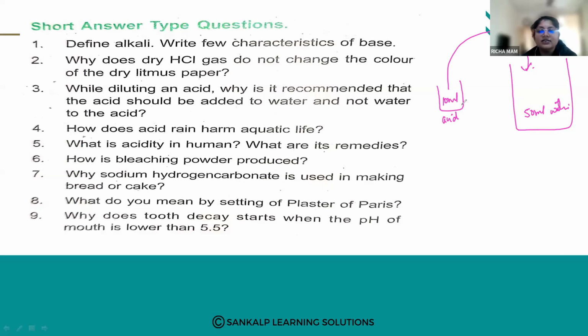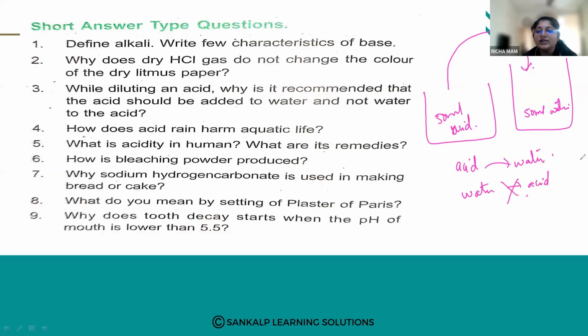Suppose I take 50 ml of acid; they still say acid should be added to water and not water to acid. This should not be done, this should be done. Why? What is the reason?